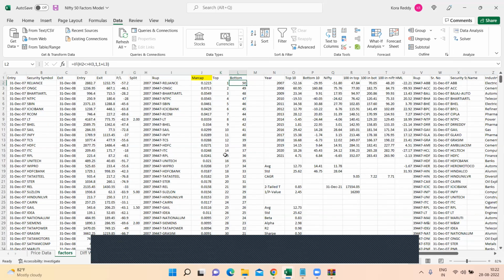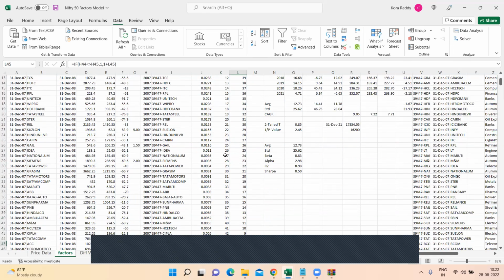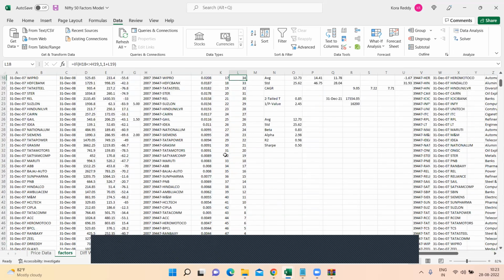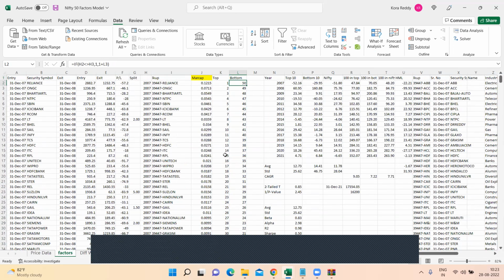And I've also written a reverse formula where the bottommost company will be 1. Right? Here it is. If the year is not the same, write as 1 and keep adding below. So Reliance is top market cap. And if you go from small to large, Reliance will be 50th company because the smallest company will have a rank of 1.